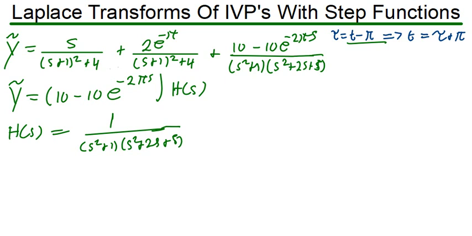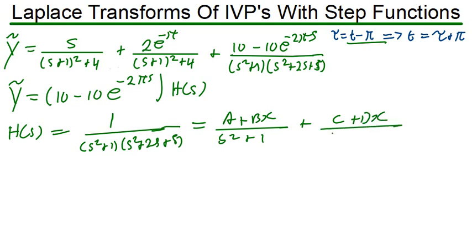Both of these are quadratic, so this is going to be a plus bs divided by s squared plus 1, plus c plus ds divided by s squared plus 2s plus 5, like that.